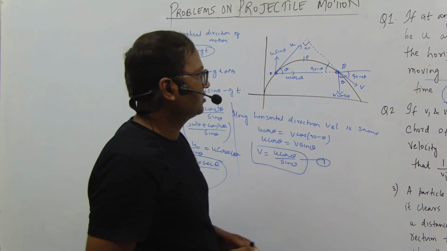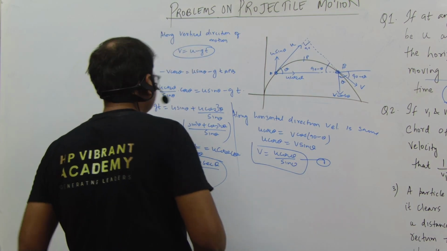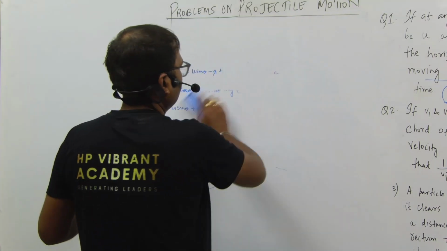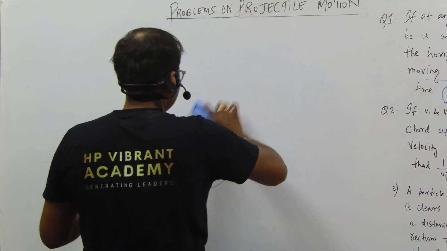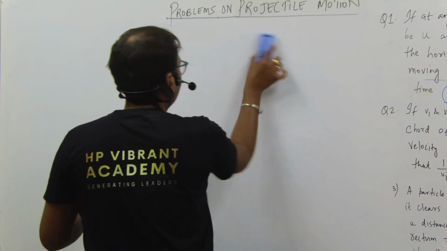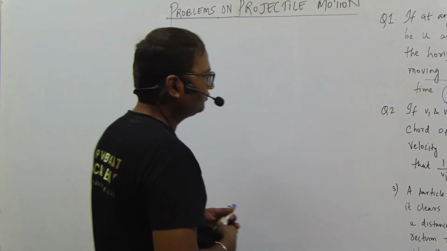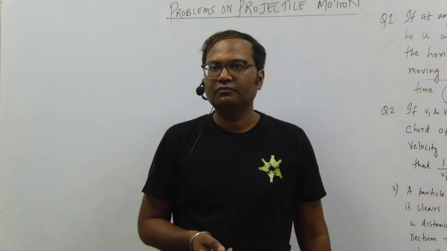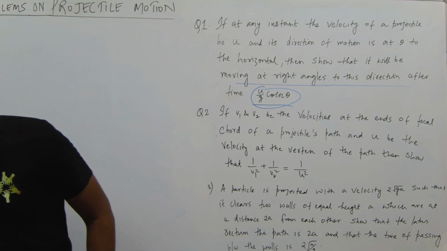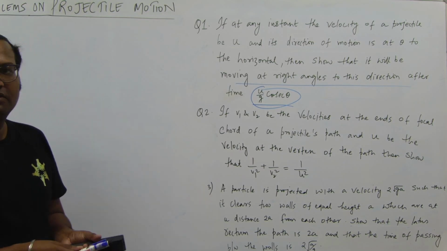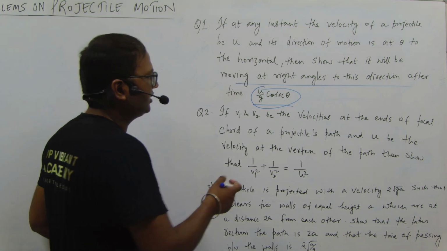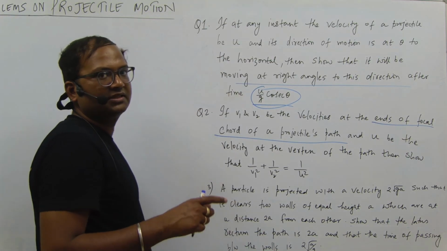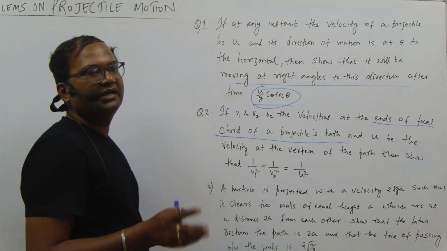Let us discuss question number 2. If v1 and v2 are the velocities at the ends of the focal chord of a projectile path, we have already discussed that the tangents drawn at the ends of the focal chord meet at 90 degrees.